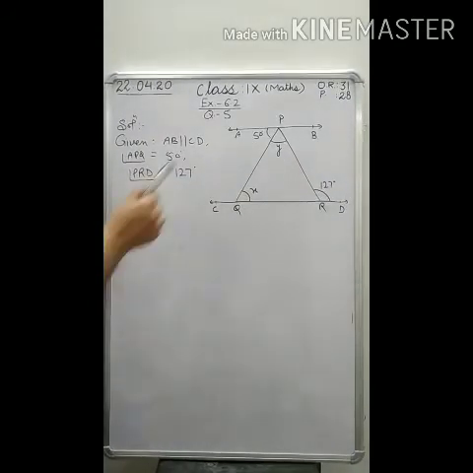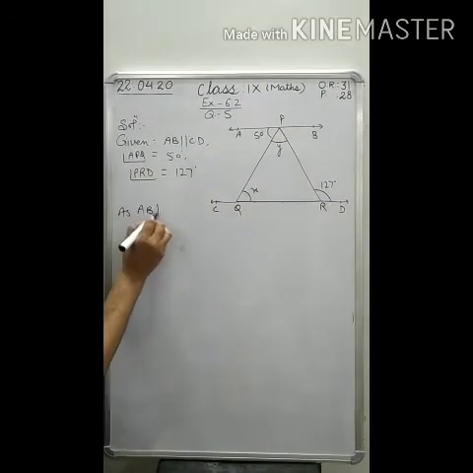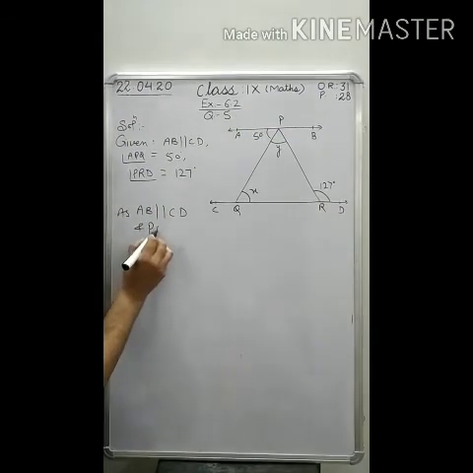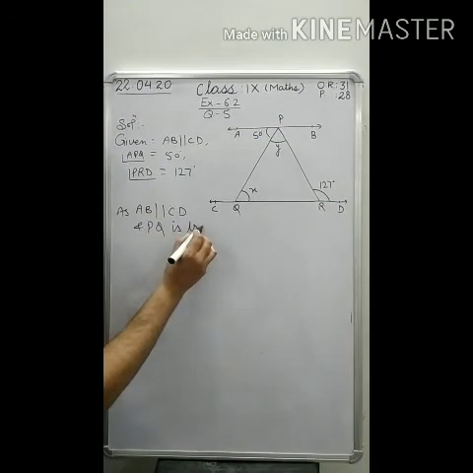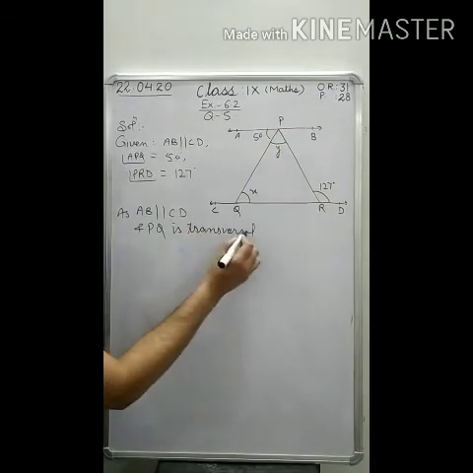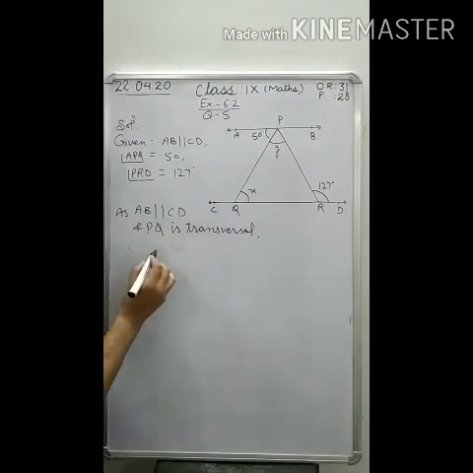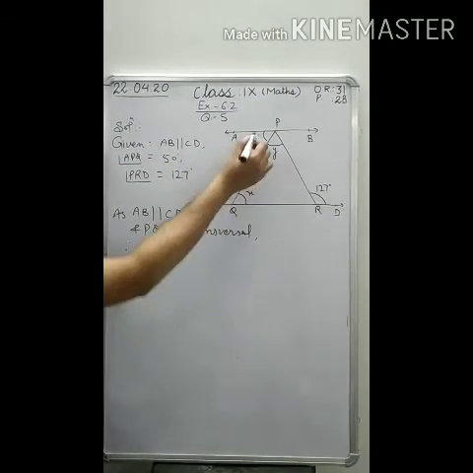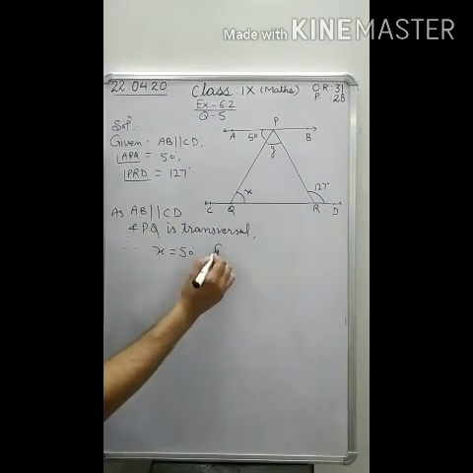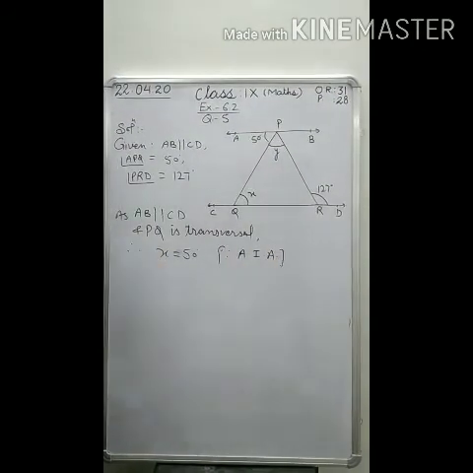Now just see here, as AB is parallel to CD and this line PQ is transversal, therefore this X is equal to this angle, it is 50 degree. Reason you will mention because they are alternate interior angles.